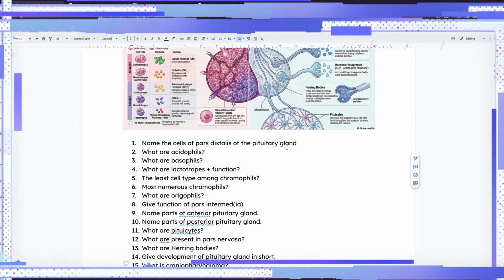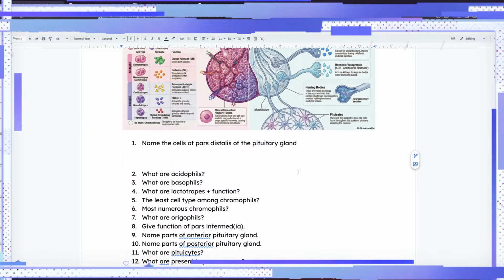What are we doing here? Name the cells of the pars distalis.